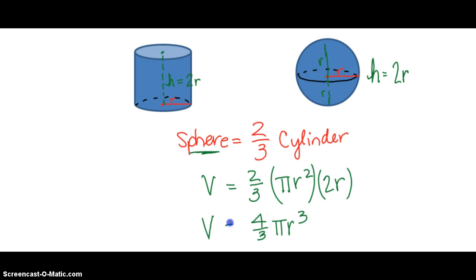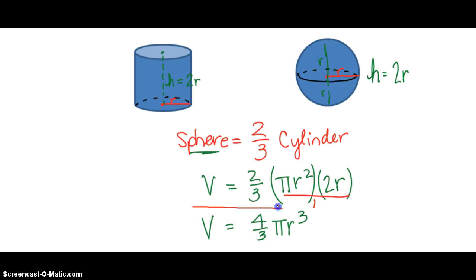As we multiplied our numerators, 2 times pi times r squared times 2 times r, the 2 and 2 make 4, pi, and then r squared times r makes r cubed. And then in the denominator, we're all over 1 here, so 3 times 1 is 3.